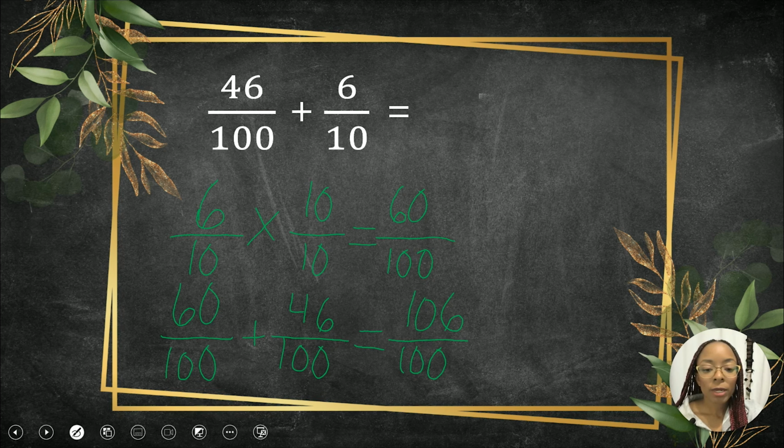To do that, we want to think about how many times we could get 100 out of 106, which is only one time. And when we take that 100 out, we end up with 6 over 100. So 46 hundredths plus 6/10 equals 106 hundredths, or 1 and 6/100.